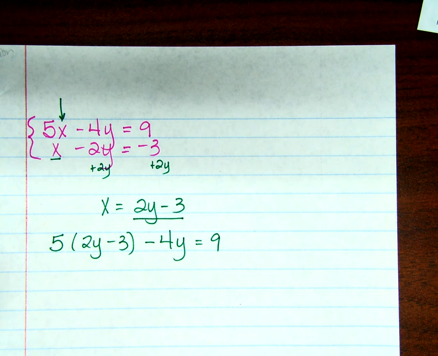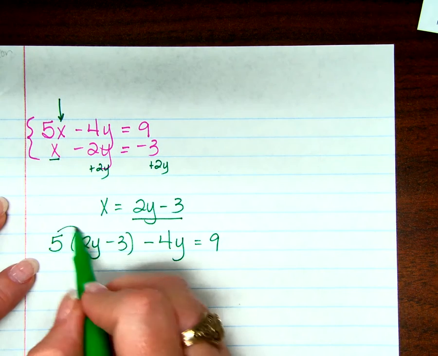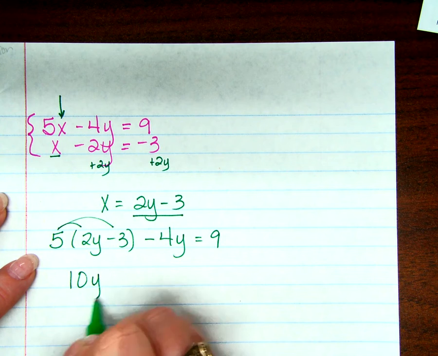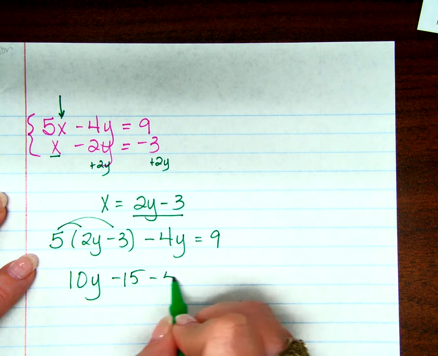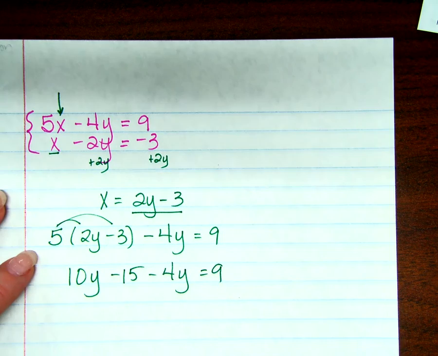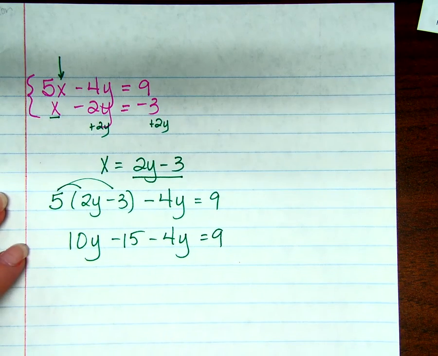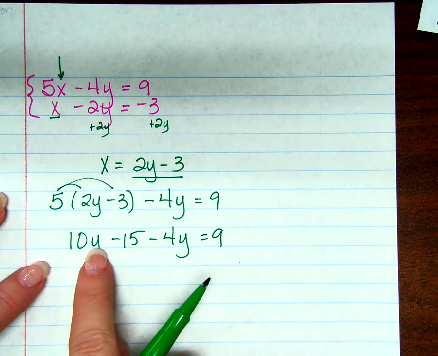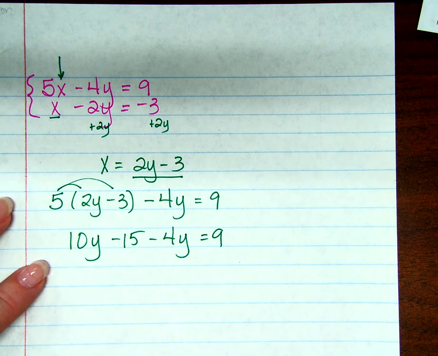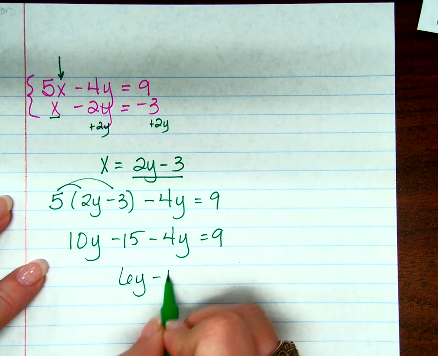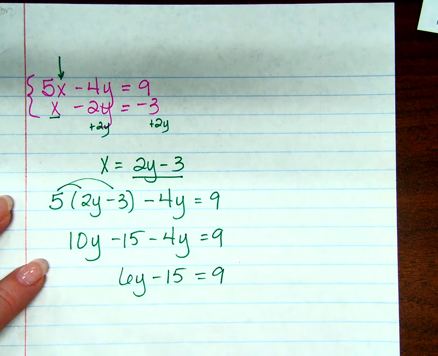Everybody okay with that? Then this is just a basic Algebra 1 problem now. Distribute, 10y minus 15 minus 4y equals 9. Combine your like terms. 10y minus 4y is 6y minus 15 equals 9.